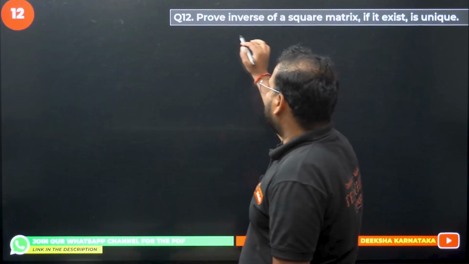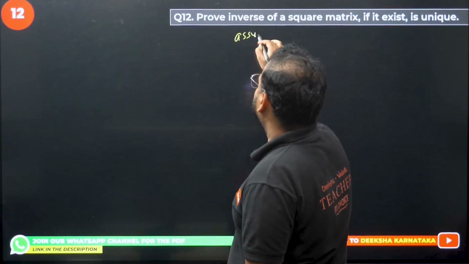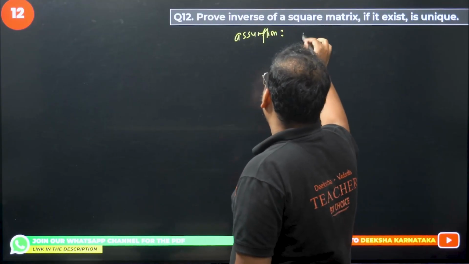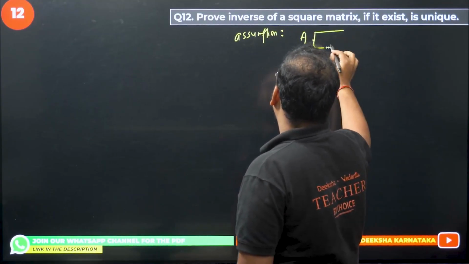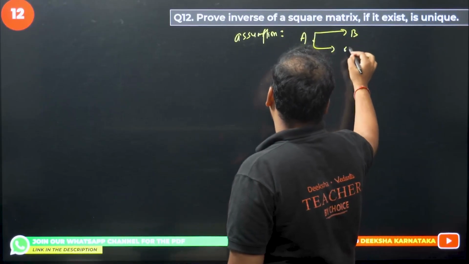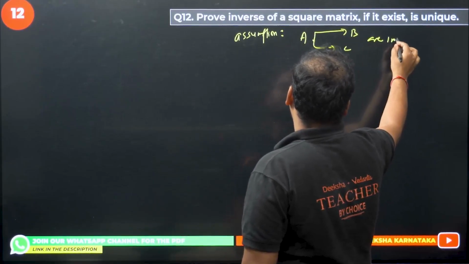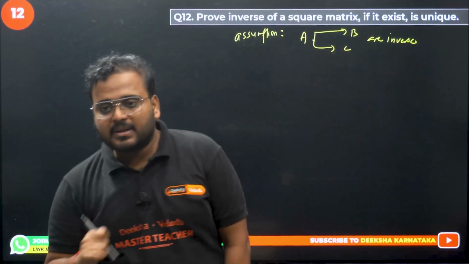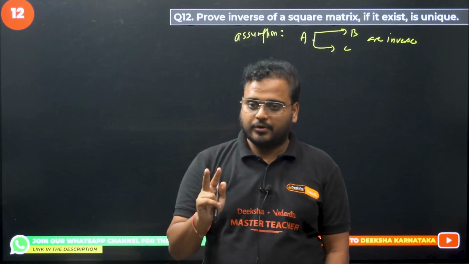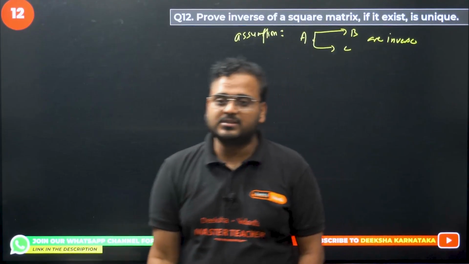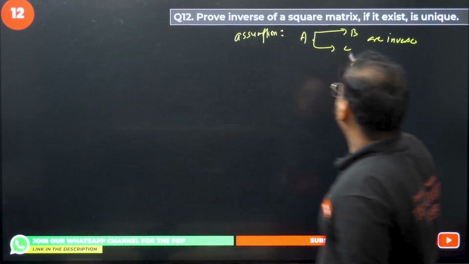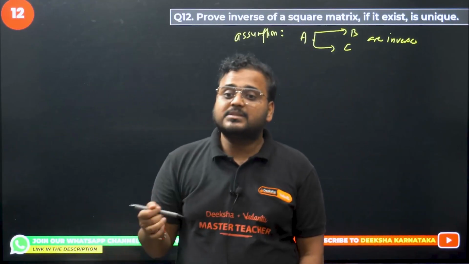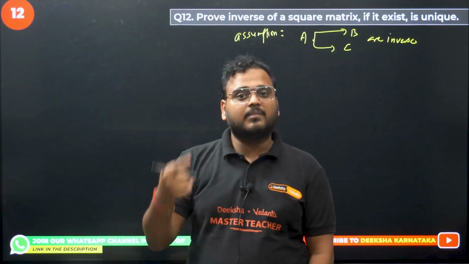So I'm going to make an assumption over here, that for matrix A we have two inverses, B and C. Basically I'm trying to say that in the beginning itself I will assume that there are two inverses, B and C, and if I can prove somehow that B and C are equal, it means they become unique, they become single.